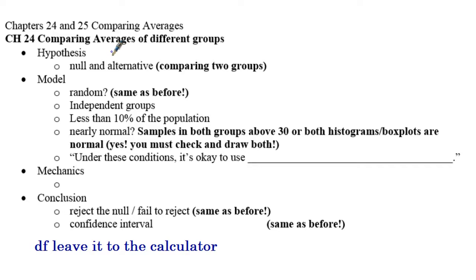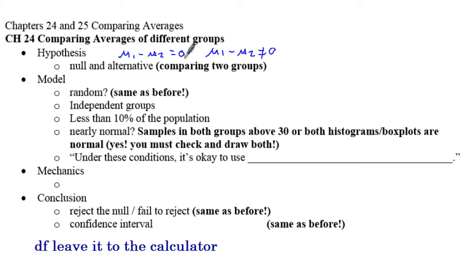So all I'm going to do is quickly go through the four-box method and show you what's changing. Box one, our hypothesis, the H0 and HA, is still going to look the same. Now we're just comparing two groups, so we get mu1 minus mu2.